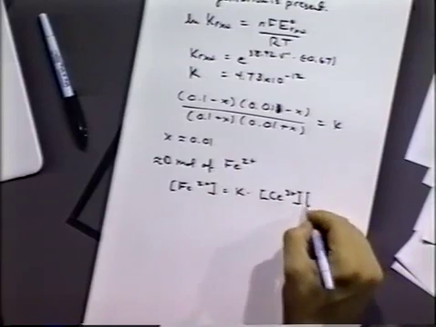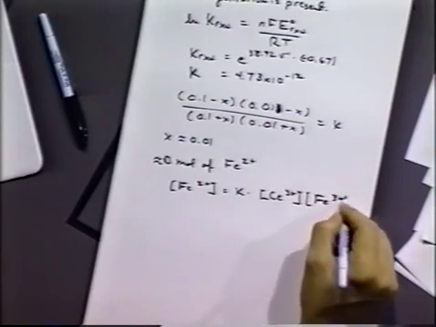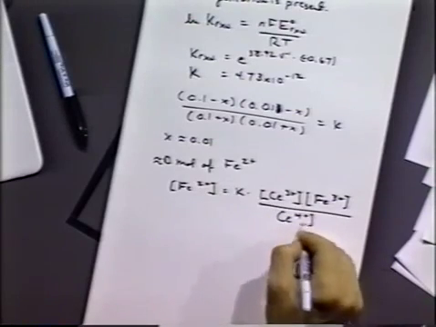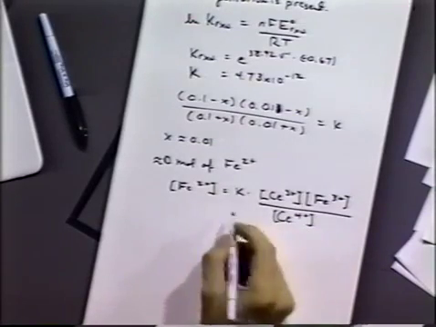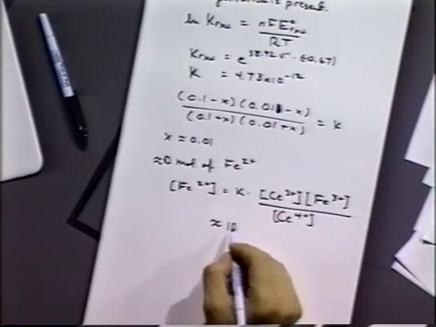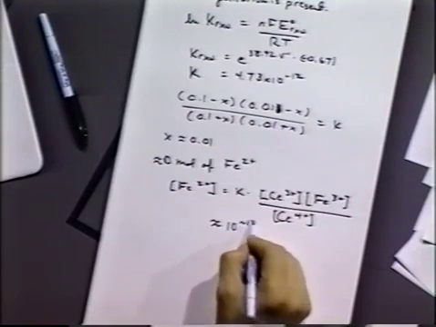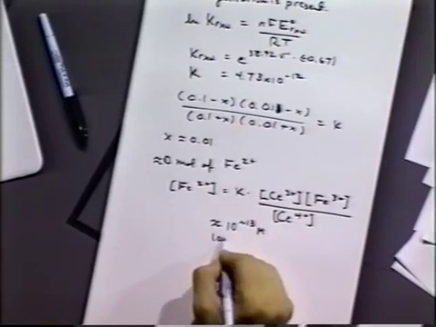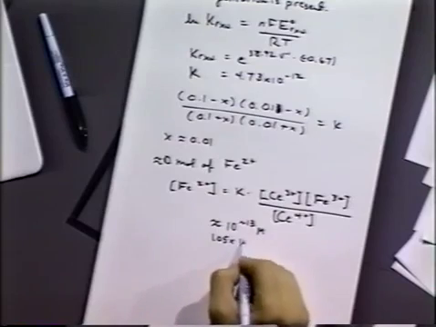I'm not doing all the steps, but you should be able to follow along if you've done the problem, or you should do it, and then you can follow along. And you see that would be true, and then we see that the concentration of iron is approximately 10 to the minus 13 molar. It's actually 1.05 times 10 to the minus 13.